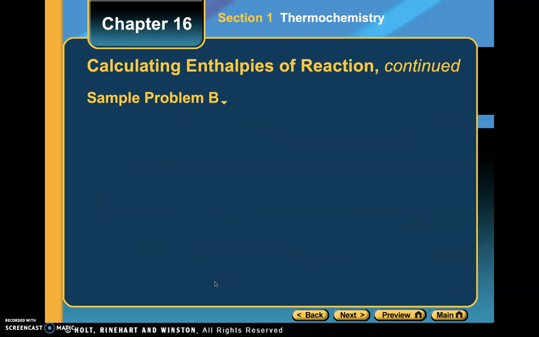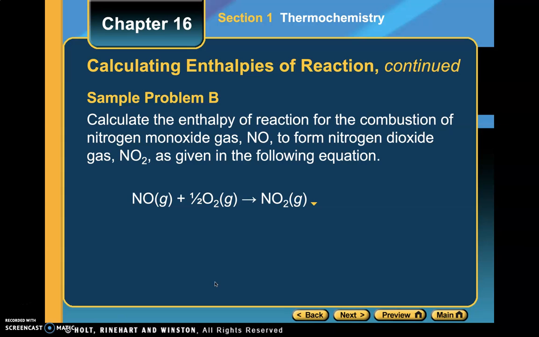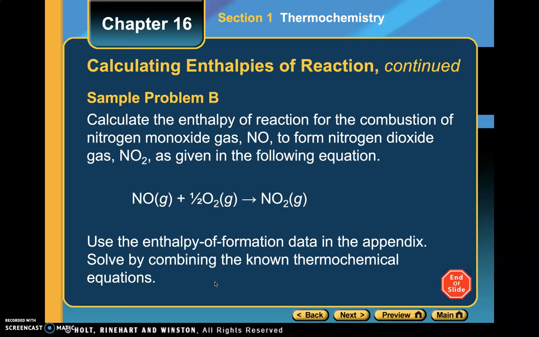So look, here's another sample problem, and just like before, guys, I'm not going to go through and do this one with you, but look, it says, calculate the enthalpy of reaction for the combustion of nitrogen monoxide gas, NO, to form nitrogen dioxide gas, NO2, as given in the following equation. So there this is, and what's it say? It tells you, hey, use the data from your book, that index that I was talking about, to solve by combining the thermochemical equations, right?